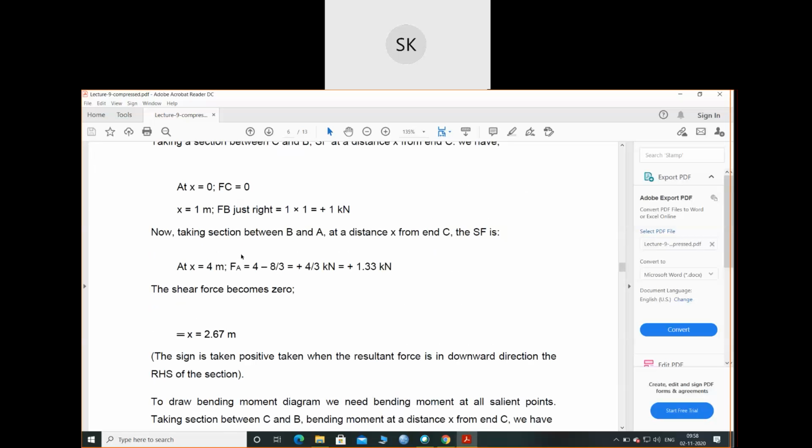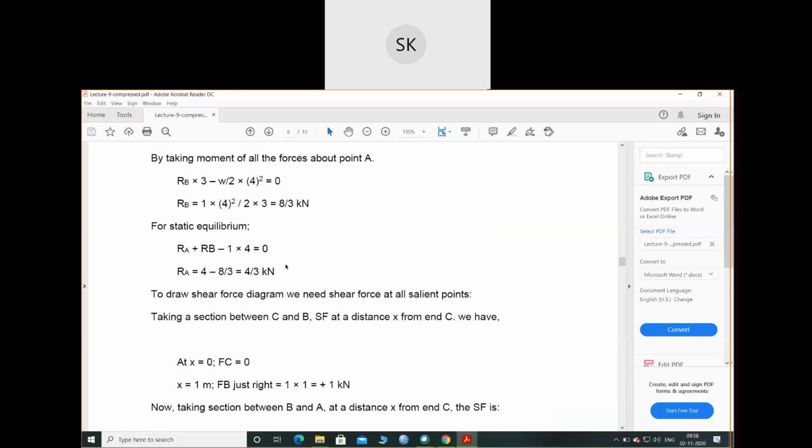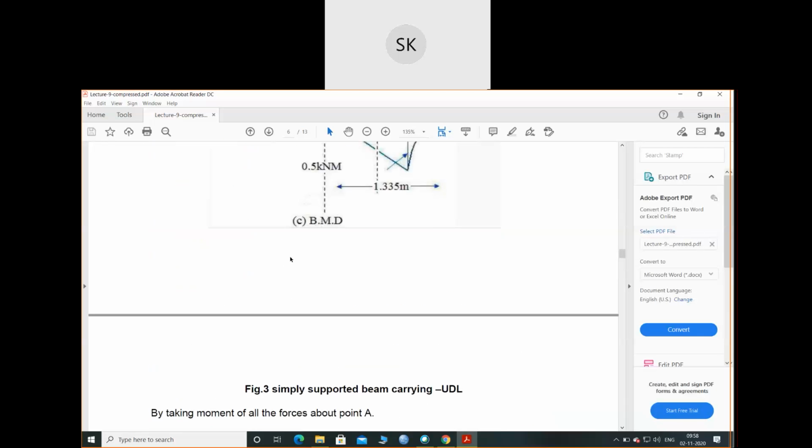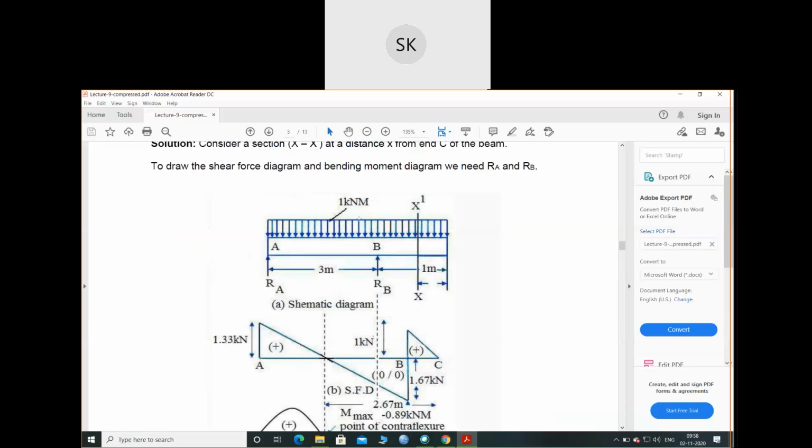Between A and B, my shear force equation will be W into x, if I take a section here, minus this RB. This will be my shear force equation.